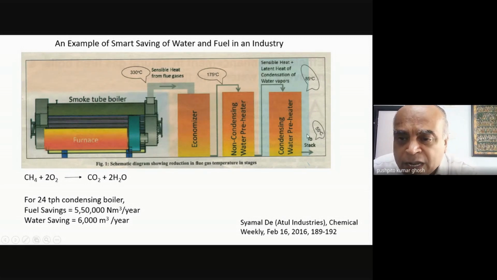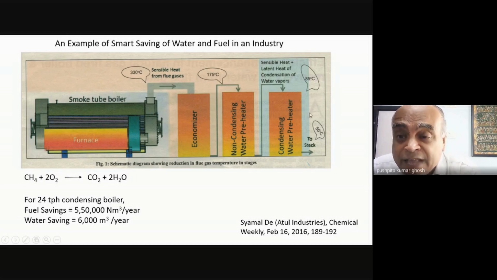And if you can come below the dew point, you can actually recover this water. That is what a condensing boiler does: it goes further down in temperature and recovers this entire water. Now this company, Atul Industries, is actually operating this, and about 5 years back it was saving something like 6 million liters of water every year.